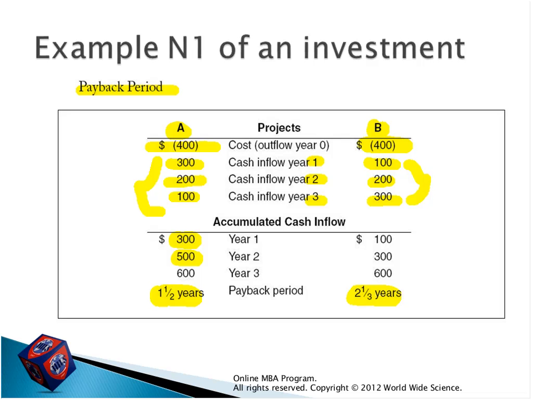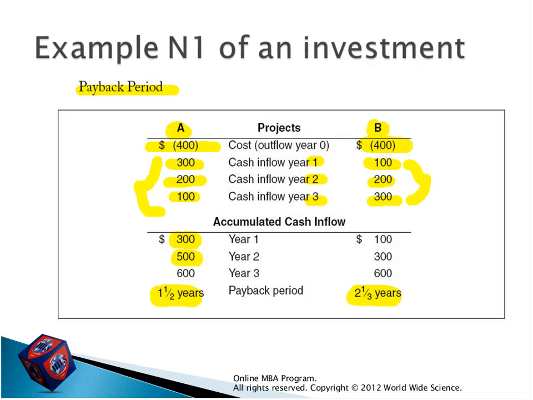You see? And here, we are given two different projects, A and B, with the same investment, as you can see, 400 for each of them, but with different profits for each of the years from the beginning, right?